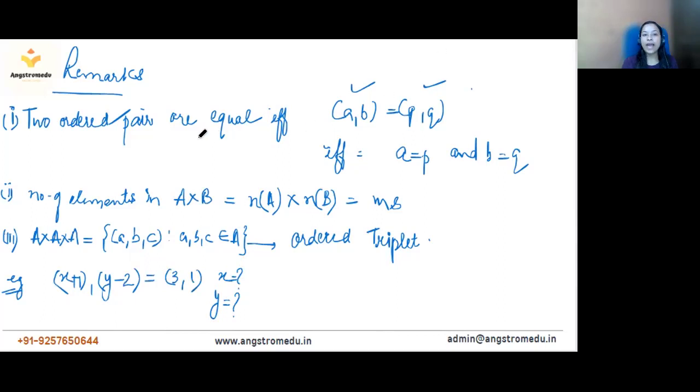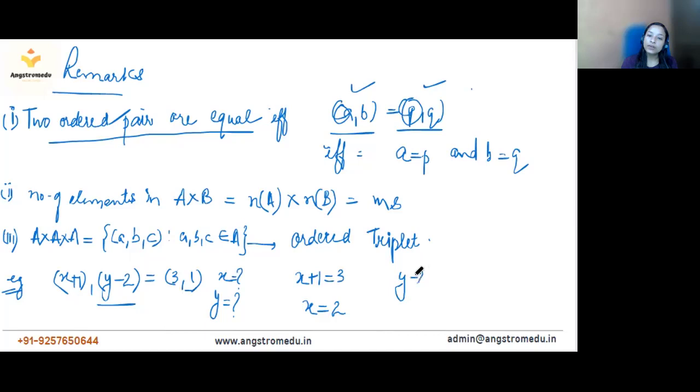As we have studied in the first property, these two are only equal when the corresponding parts are equal to each other. That means x + 1 is equal to 3, which gives us x equal to 2. And the corresponding part, y - 2 is equal to 1. So y comes out to be equal to 3.